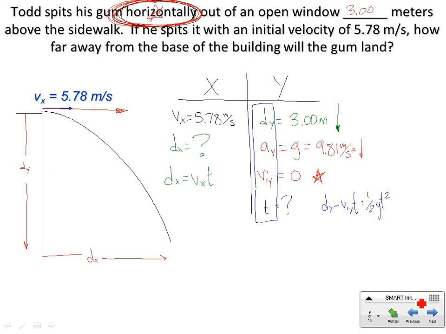There is an equation that has those 4 things in it. What we love about this is that VIY is 0, so this entire term is gone. And we get dy is 1/2 gt squared. Or if we solve for t, that would be t squared, so there's t.